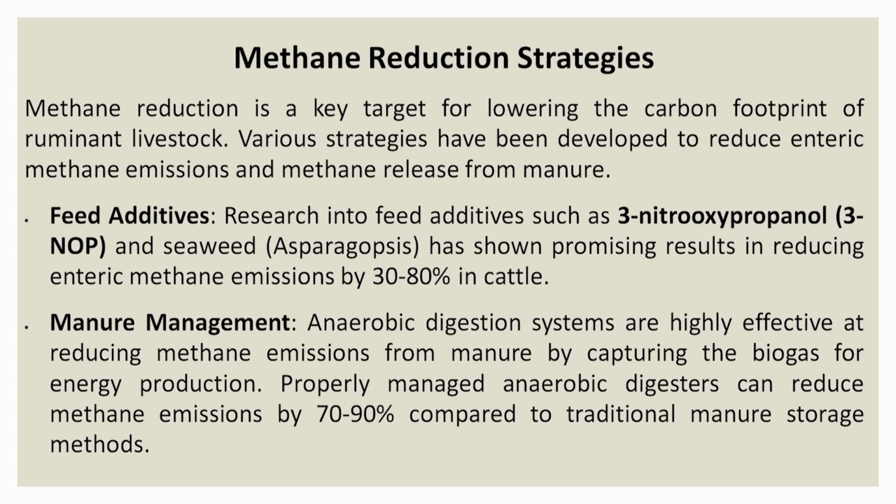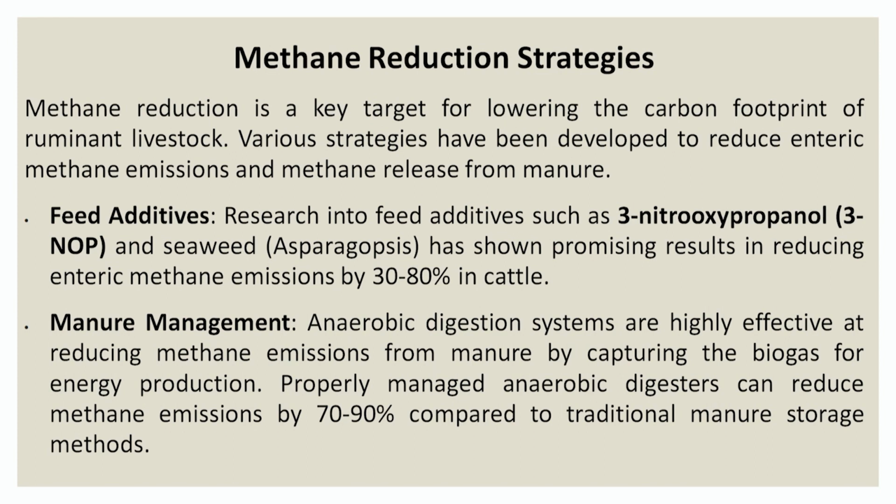Various strategies have been developed to reduce enteric methane emission and methane release from manure. As we have discussed, certain feed additives have shown promising results in reducing methane emissions by 30 to 80% in cattle feed, like 3-nitrooxypropanol, also known as 3-NOP.